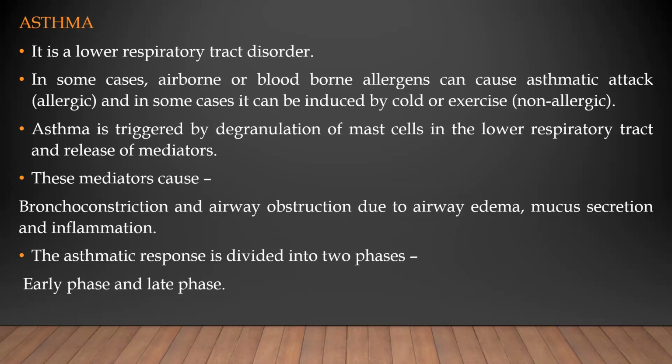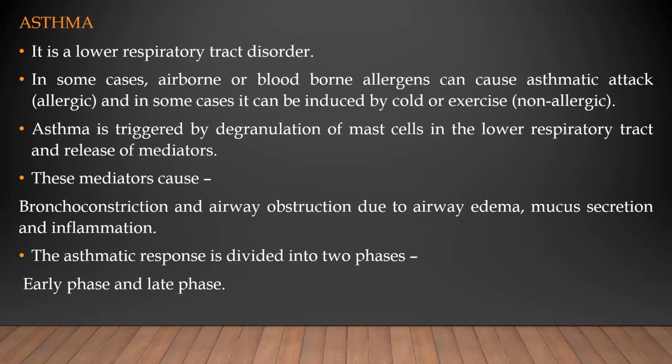Now, just like your rhinitis, even asthma is triggered by degranulation of the membranes of basophils and mast cells in the lower respiratory tract, which is going to release a lot of pharmacologically active mediators. And what these mediators are going to do, especially, is cause bronchoconstriction. Now, we have come across bronchoconstriction before also. What is bronchoconstriction?